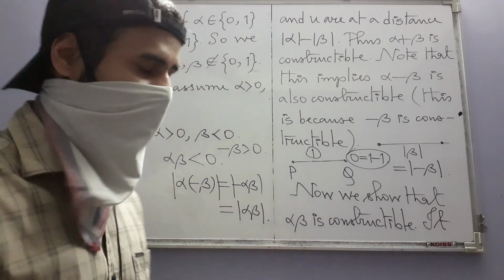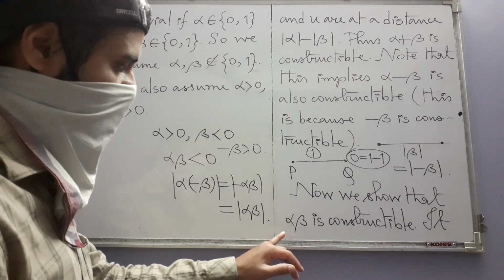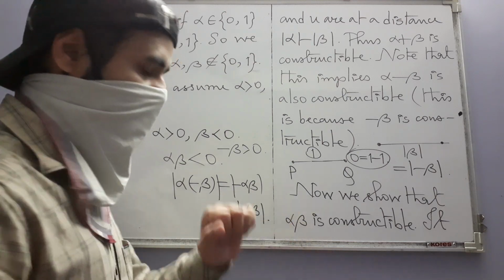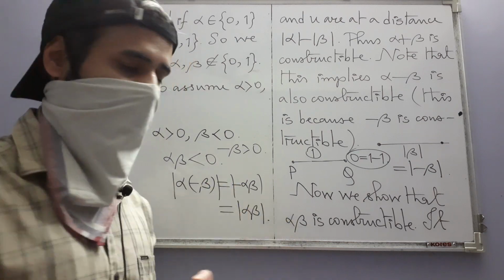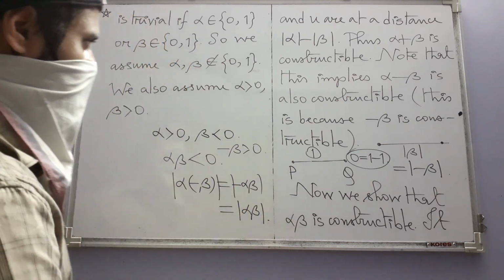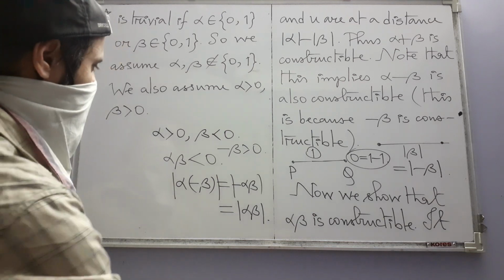That automatically tells us that alpha beta is constructible. So we do not need to actually worry about the other cases depending on how the signs are of alpha and beta. So that's why we just simply assume that both alpha and beta are positive.